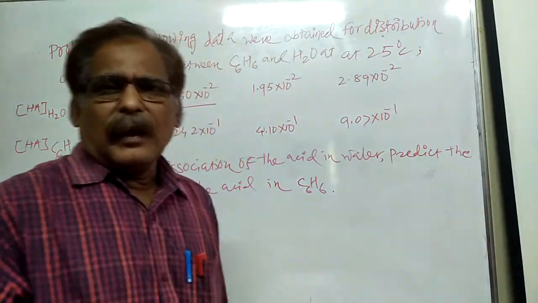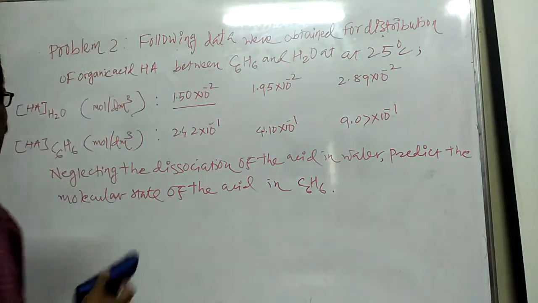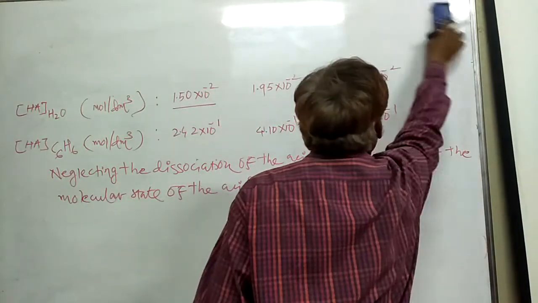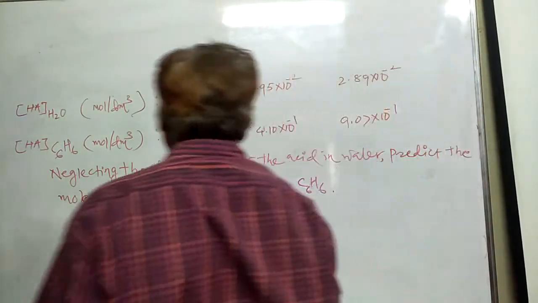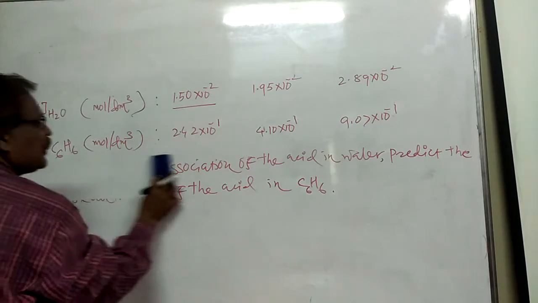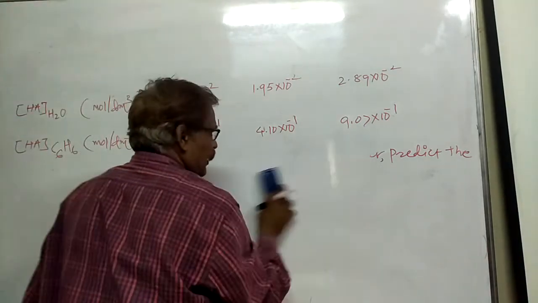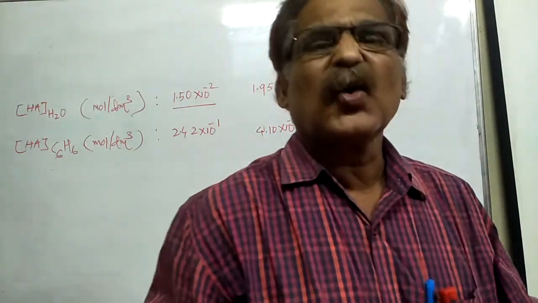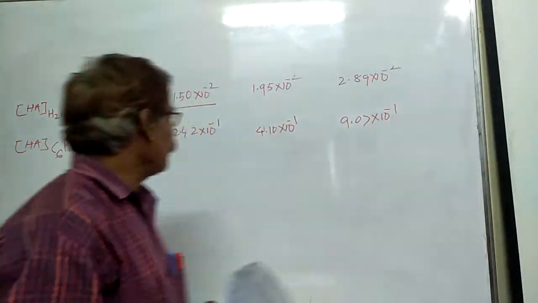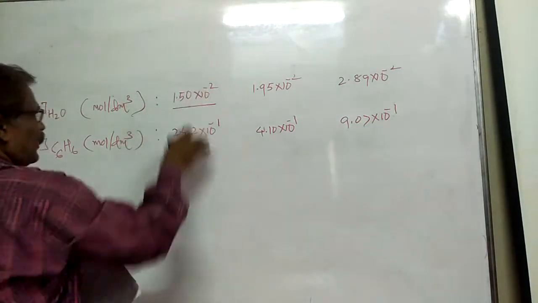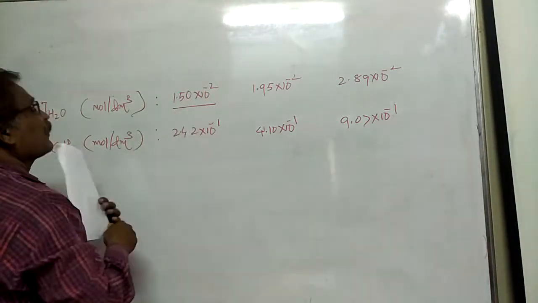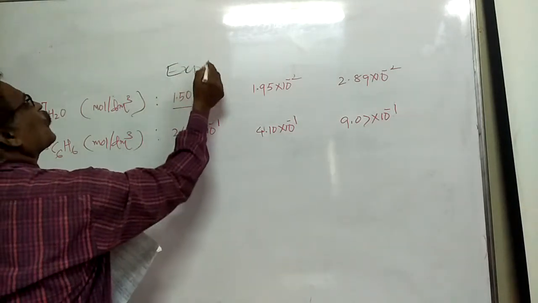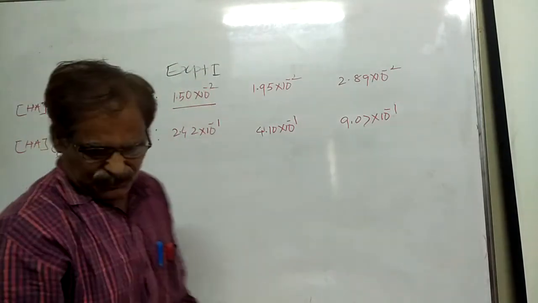So let us calculate the partition coefficient of organic acid HA in each case applying normal Nernst distribution law to the given data. Let us suppose this data is obtained in experiment number 1.